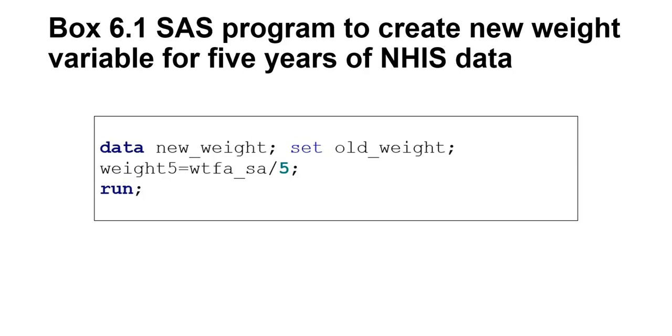So typically I like to include something like weight5 for 5 years of data. Or you could even do WTFA_SA5. Then I include an equal sign. Then I include the variable I want to use to divide. Then a division sign, the /, and a 5 for 5 years. Then a semicolon and a run.